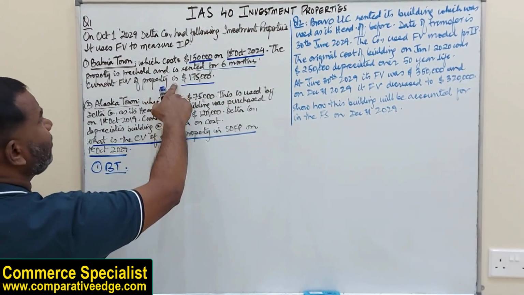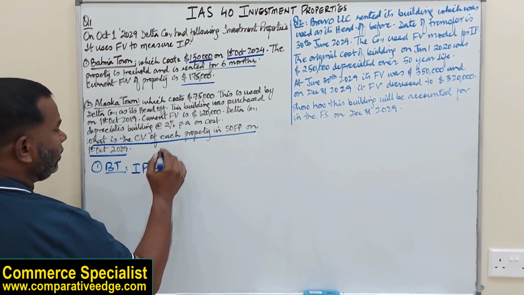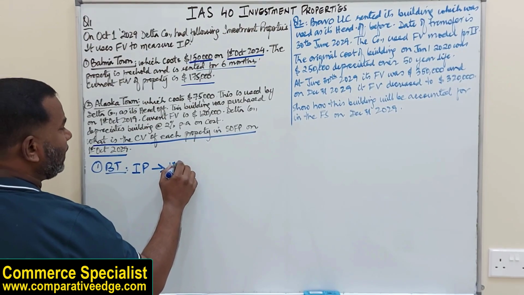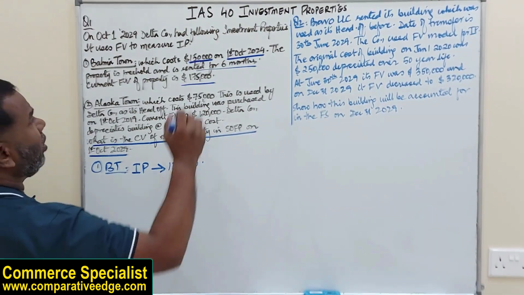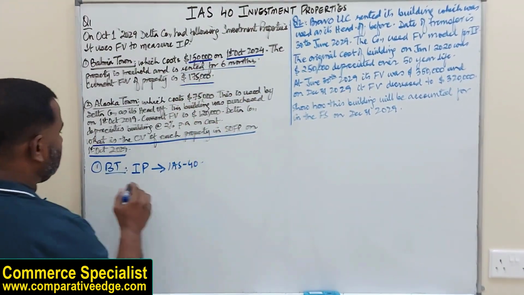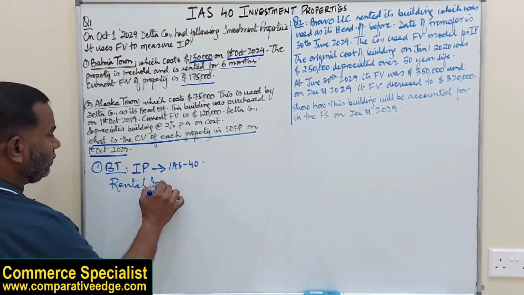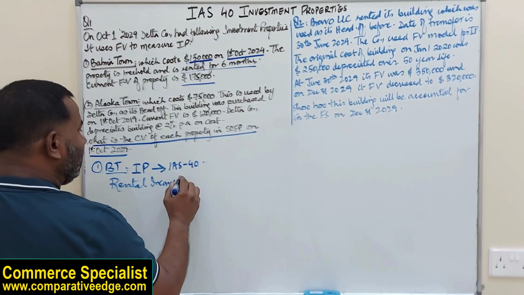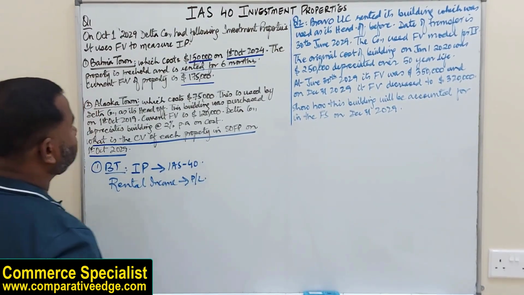Since it's an investment property, it should be treated as per IAS 40. And obviously, if it has been rented, whatever the rental income is, that has to be transferred to the profit and loss account.